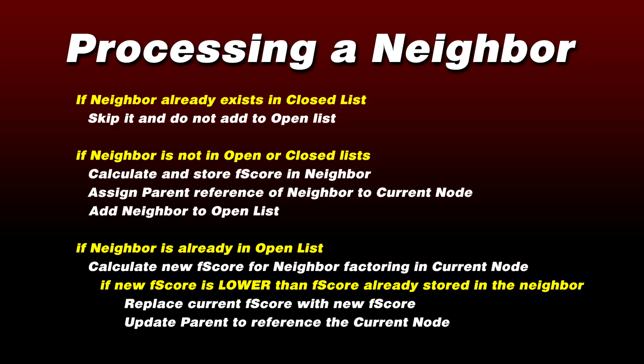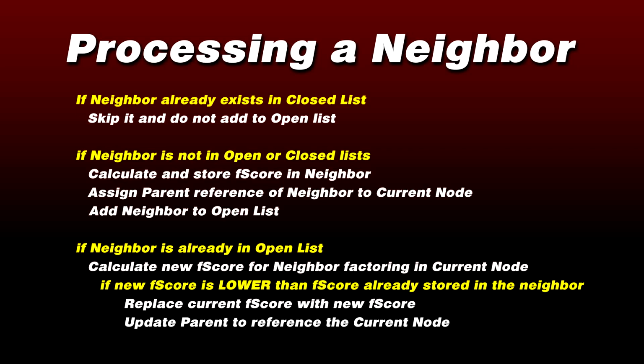What we do instead is we calculate a new potential F-score for this neighbor, but factoring in the current node that we're now processing it from. Now, if the F-score we generate from the current node is lower than the one that was already stored there, calculated when we were processing some previous node, then it means that we may have just found a cheaper way to get to that node through the current node, and we update its F-score and we update its parent reference to point at the current node.